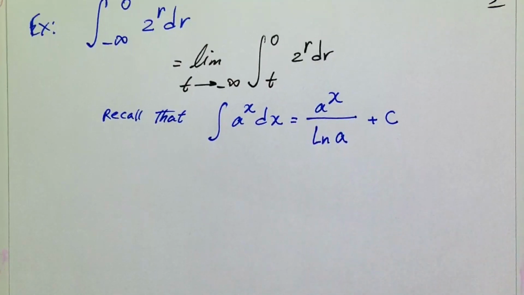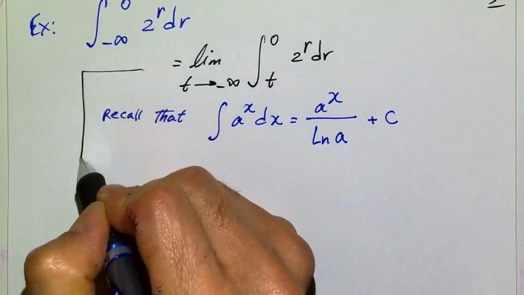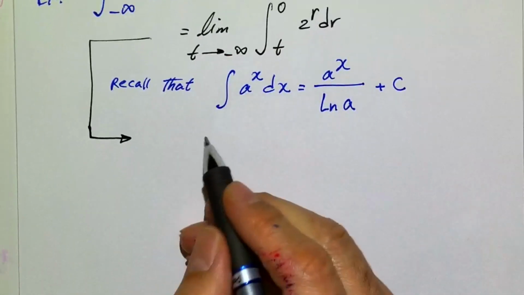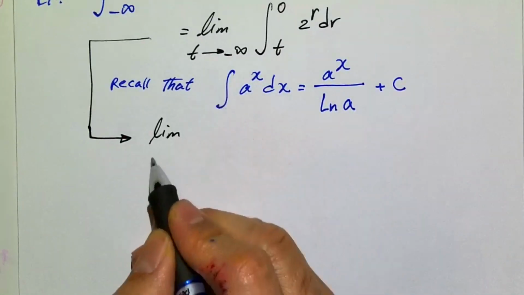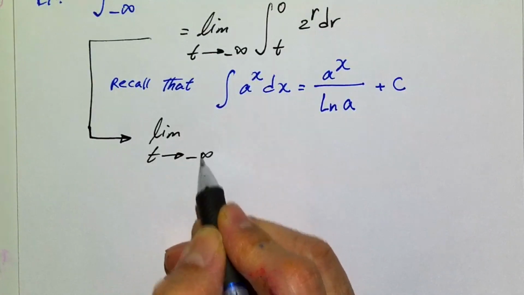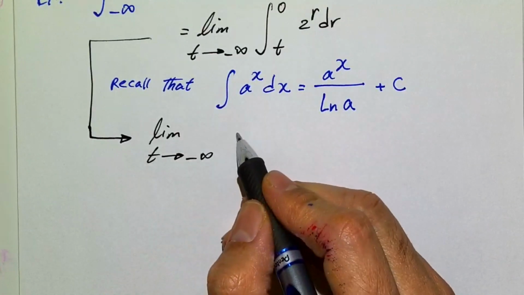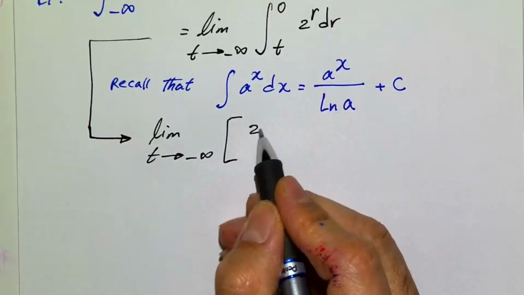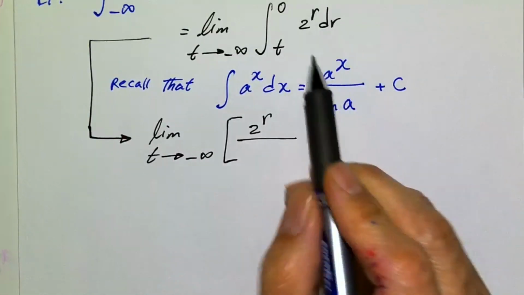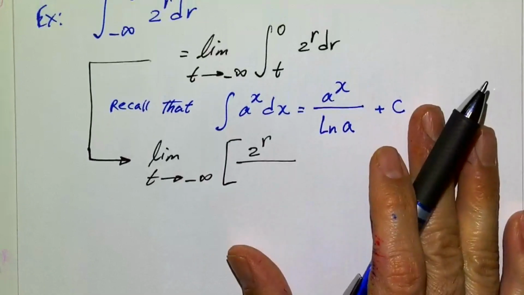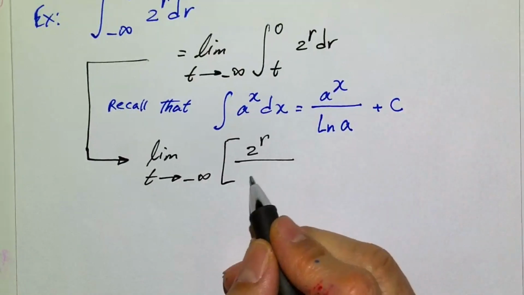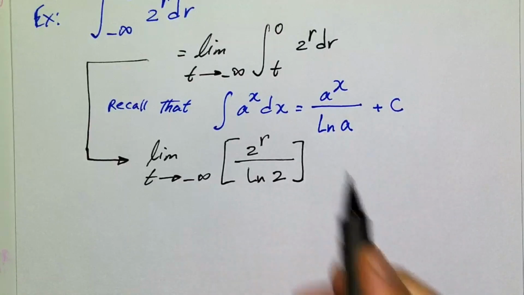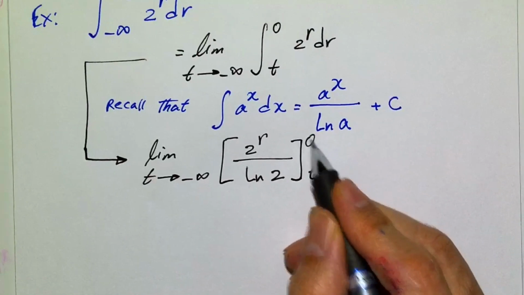So if we do that, we will get the limit as t goes to negative infinity of the whole thing, the exponential function 2 to the r divided by the natural log of the base, natural log of 2, going from t to 0.